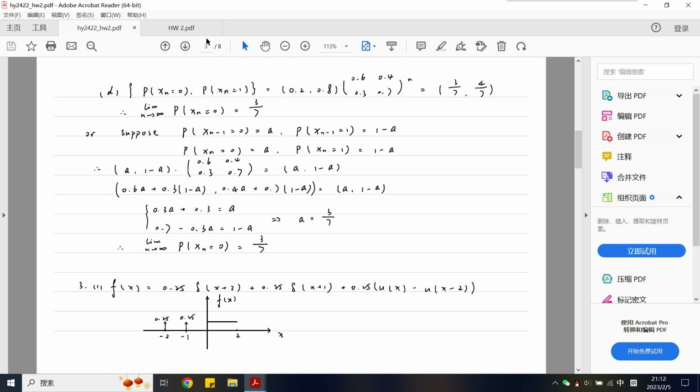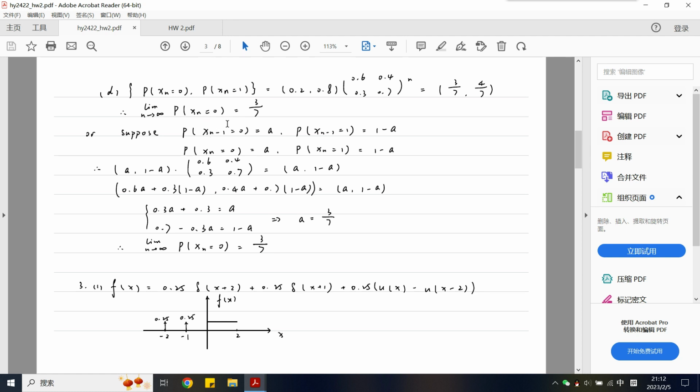The first one is that we use the third question formula, and we multiply it n times to get the answer. After calculating this, we get that when n equals infinity, the probability that xn equals 0 is 3 divided by 7.